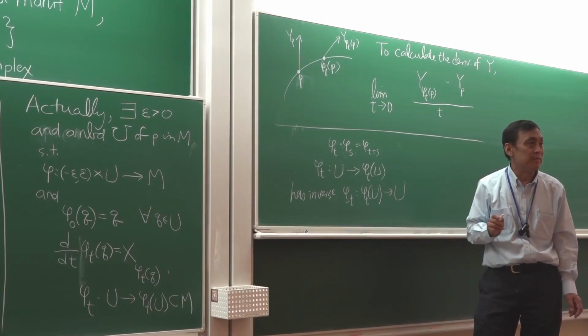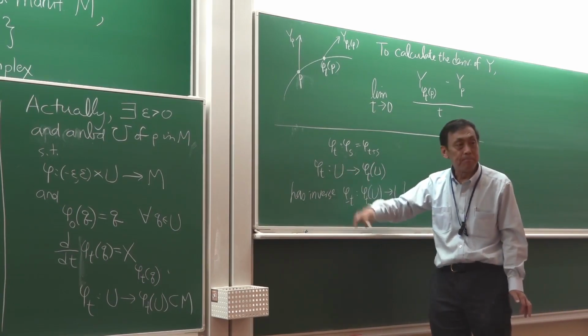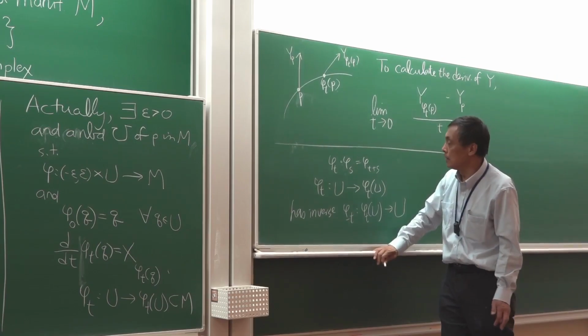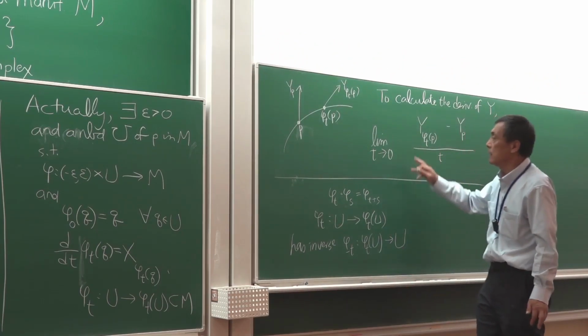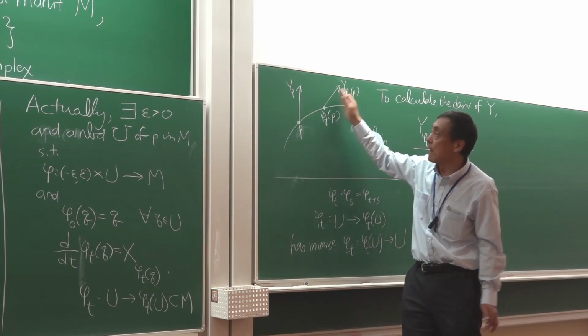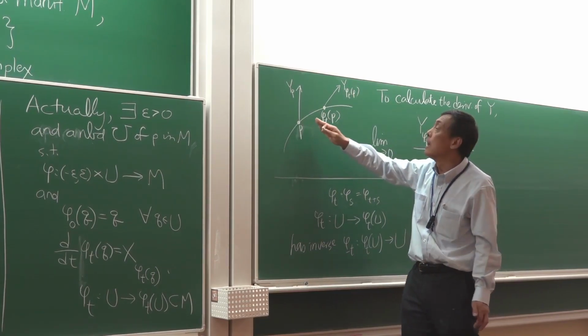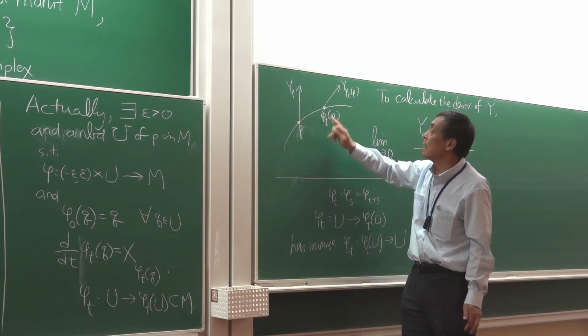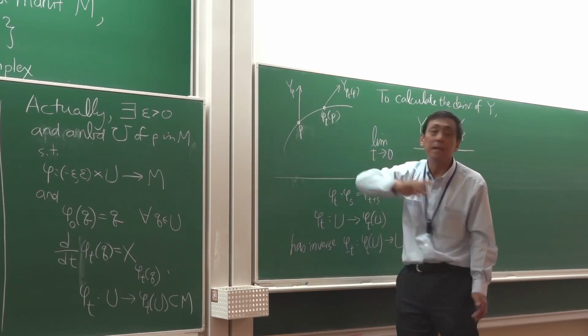In other words, phi t is a diffeomorphism. And so let's go back here. I have to bring this tangent vector back to P. Okay? So what is a map that will take this point to P?